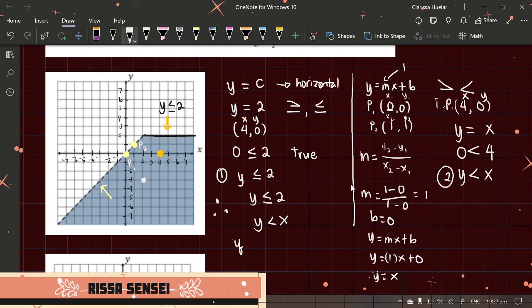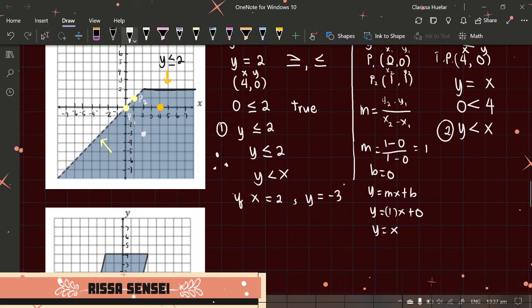So, if x is 2 and y is negative 3, replace natin. Tingnan natin kung magto-true. Dito, so y less than or equal to 2, y lang yung papalitan natin kasi wala namang x. So y is negative 3 less than 2. This is true. Mas mababa talaga yung negative 3 kaysa sa 2.